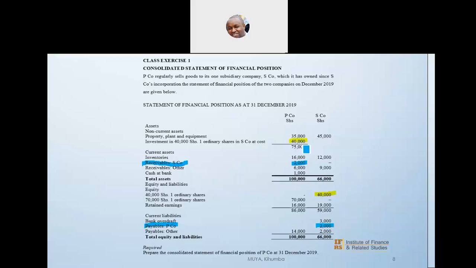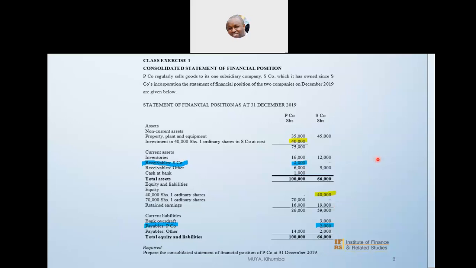These two should cancel out each other. And those are the only items that cancel out. The first step is to strike out those items which appear as an asset on one side and a liability on the other company. And then step two is to add what remains.